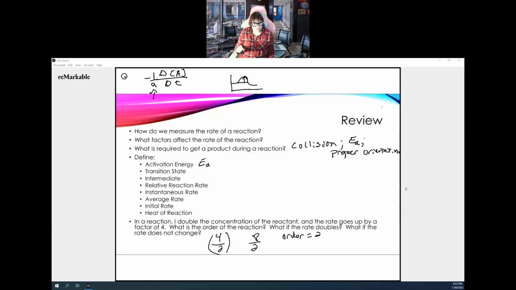If the rate doubles, then the order is 1, because my concentration has doubled. And what if the rate doesn't change? If I change the concentration and nothing happens, then the order is 0. Those are the relationships we're looking at. We did mathematics to talk about that; here is a qualitative explanation of it.